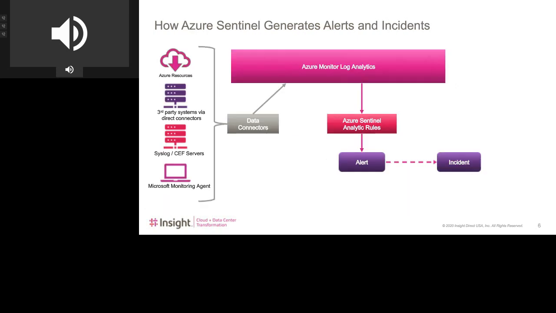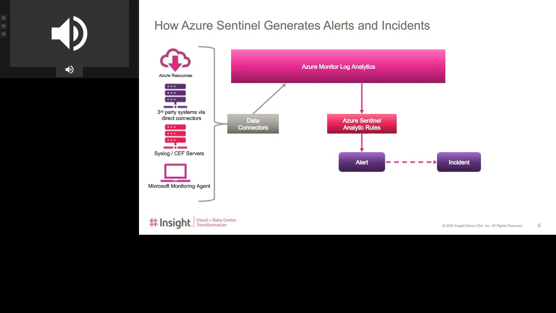Thank you. So the first thing we're going to look at is, how does Azure Sentinel actually generate these alerts and incidents? Starting over on the left-hand side of the page, you'll see this is how Azure Sentinel will get its data. These are called the data connectors. If you were with us from the previous webcast, you saw me go over some of those.